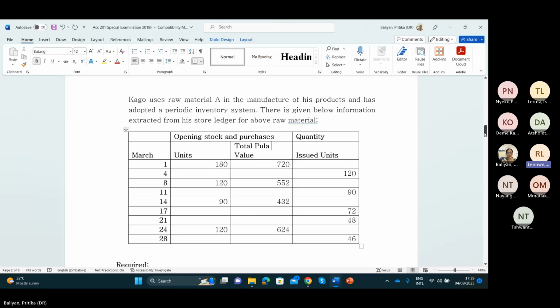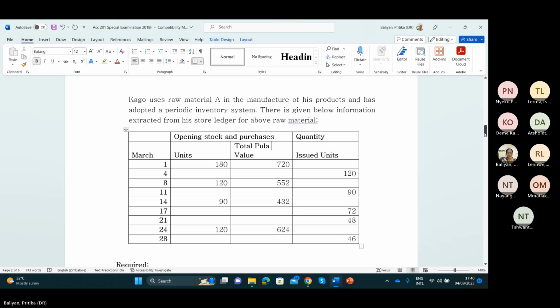Ma'am, the number of units available was 510. Yes, ma'am. And how many were issued? 376 were issued. So how many units will remain as closing inventory? 134.